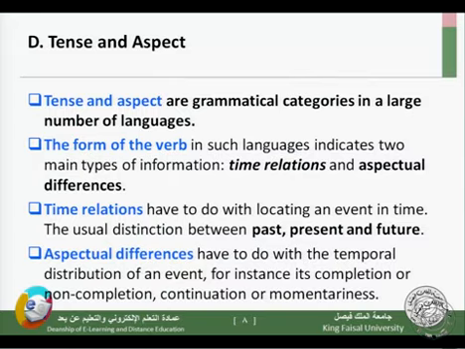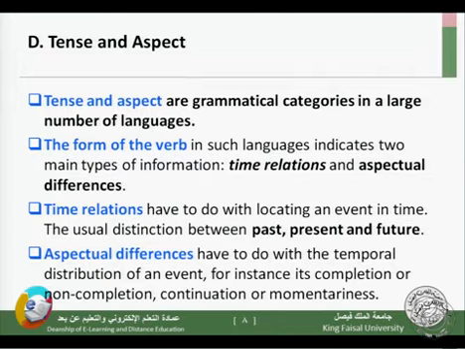aspect. The aspectual differences have to do with the temporal distribution of an event. For instance, is the time of the event complete, or is it not complete? Is it continuous or not continuous? Is it momentary? In other words, now you are looking, is it past, present, simple? Is it past, future, present?